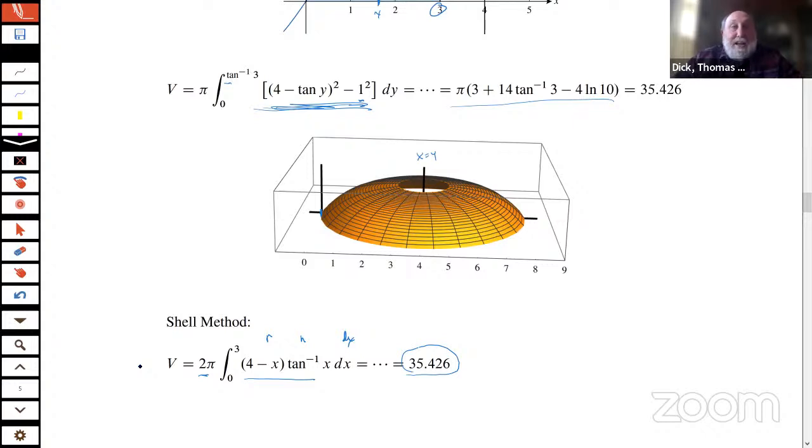And in some cases, the AP exam might just ask you to set it up. That's correct. They just want to see, can you set it up? Because with a numerical integrator, it is just one button push once you have it set up correctly. So, yep. Back to you.